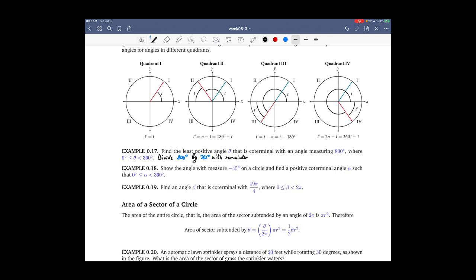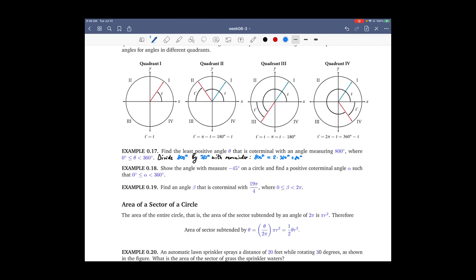Note that the remainder will necessarily be in the desired range, and the remainder will be the angle coterminal with 800. Let's divide and explain why. So of course, when we divide 800 by 360, the quotient is 2, and the remainder is 80.